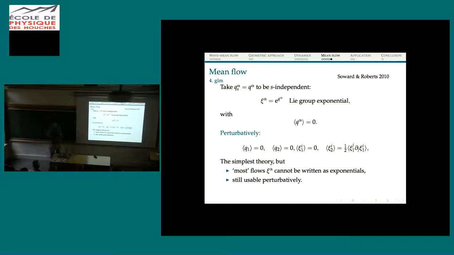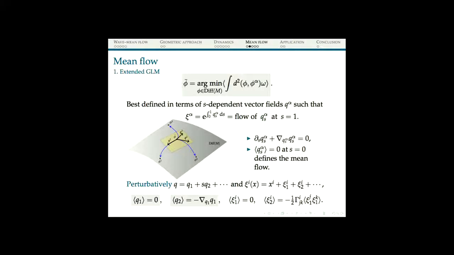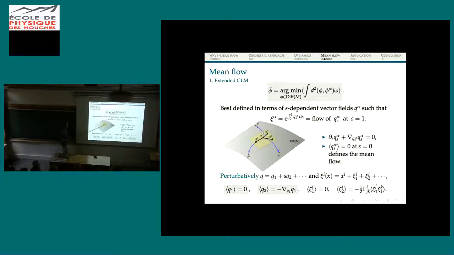And then the final example is a little bit different in that there is no functional to minimize. This one is due to Soward and Roberts. All that it says is, let me try to get to my perturbed diffeomorphism from the mean part following a vector field which is time independent, a fixed vector field.